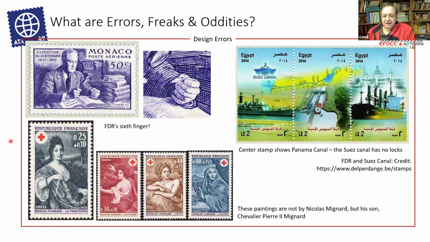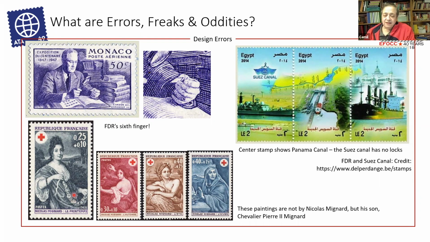These are stamps out of my collection. You notice that they say this is a set of paintings, the allegory of the 4 seasons, painted according to this stamp by Nicolas Mignard, a French painter. Well, actually, they were not painted by Nicolas Mignard. They were painted by his son.